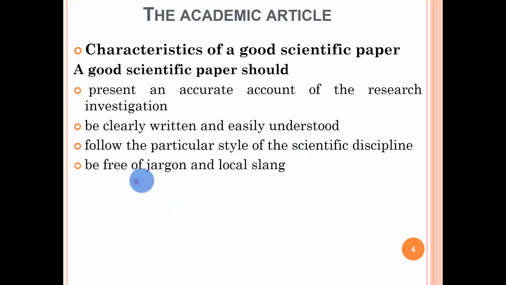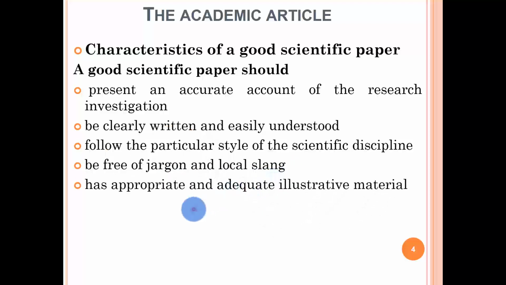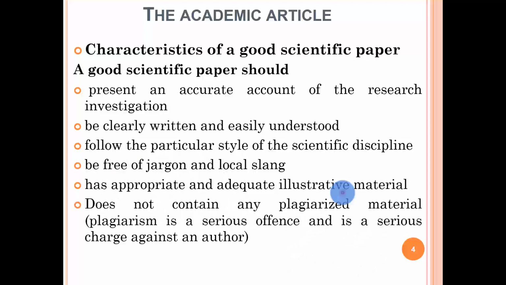It should be free of jargon and local slang, so it's something formal, so we cannot use jargon and local slang. It should have appropriate and adequate illustrative materials to facilitate transferring or elaborating the ideas or the findings to the readers.